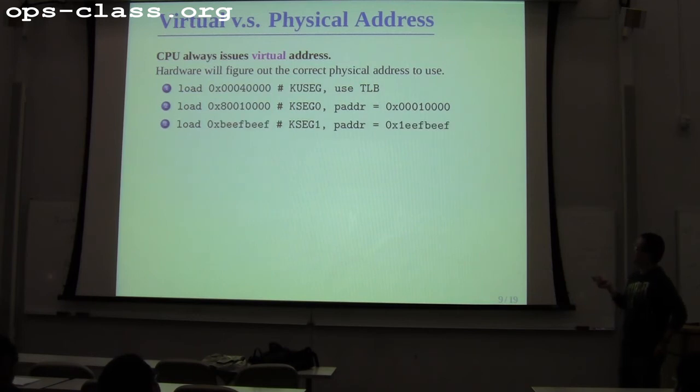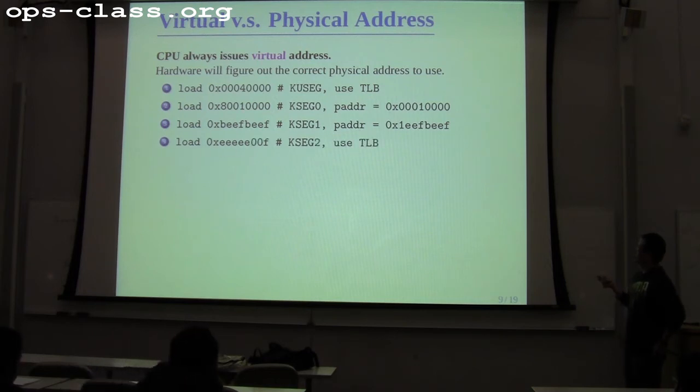Similarly, this falls into segment 1, and I use this physical address to do the load. This is in segment 2. Again, I use TLB. So these are all virtual addresses. The hardware will figure out how to translate the virtual address.